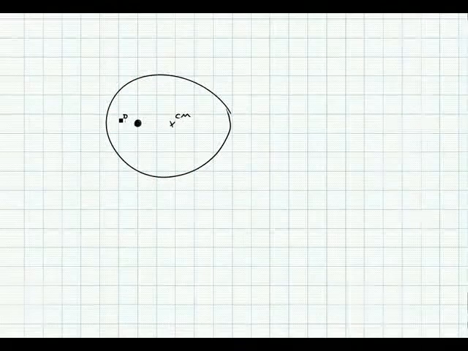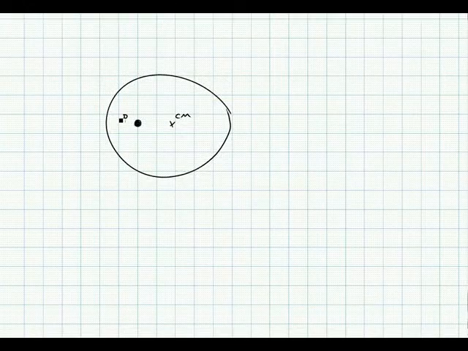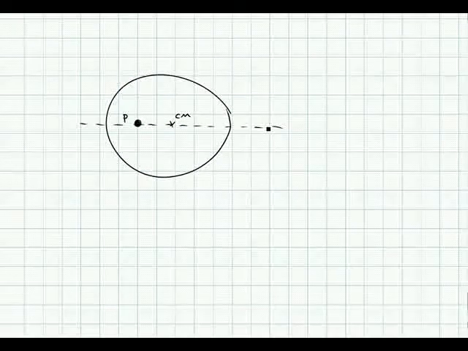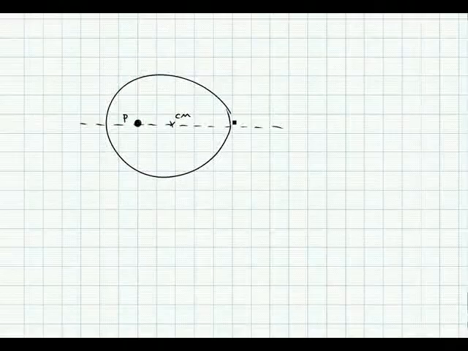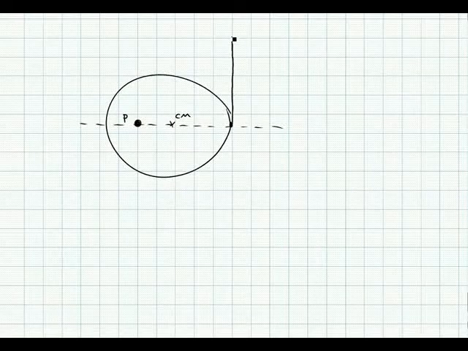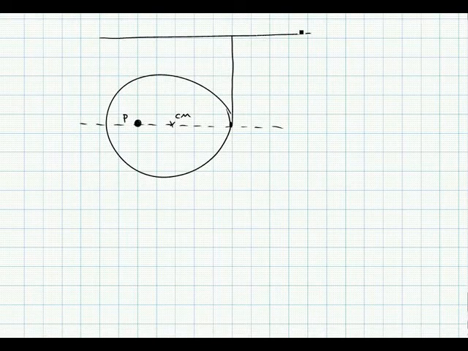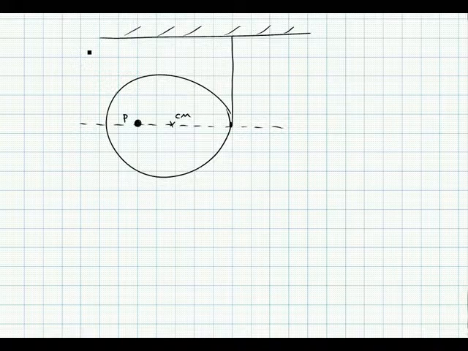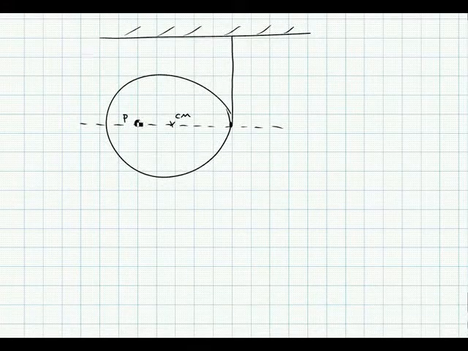I'm going to call this my pivot point. Initially the pivot point and the center of mass lie along this horizontal line, and we wish to support this artwork by connecting it using a string to the ceiling.